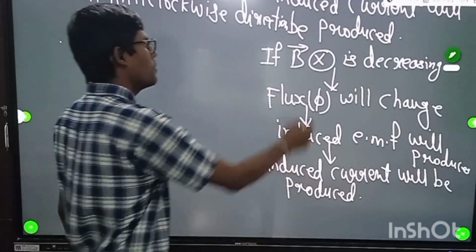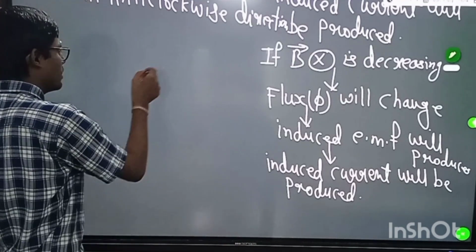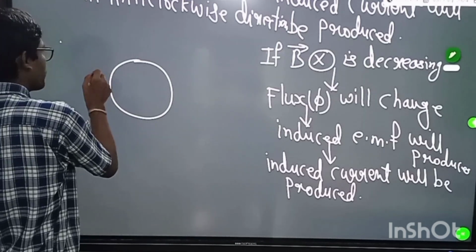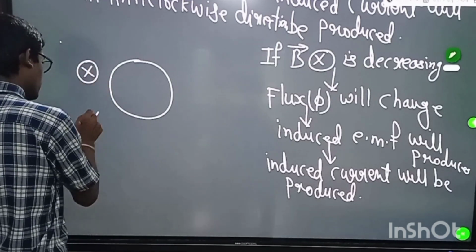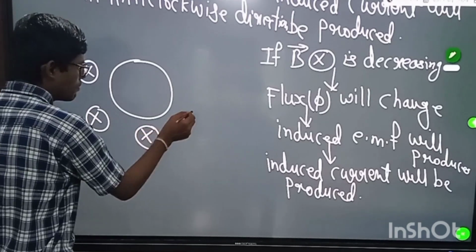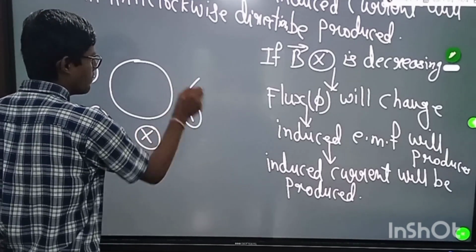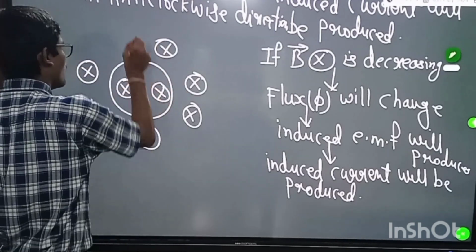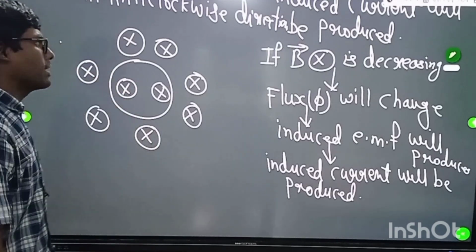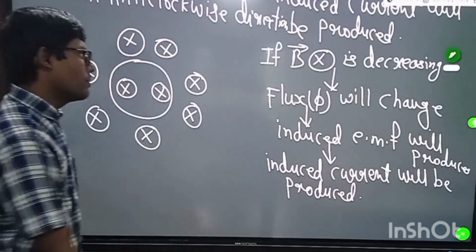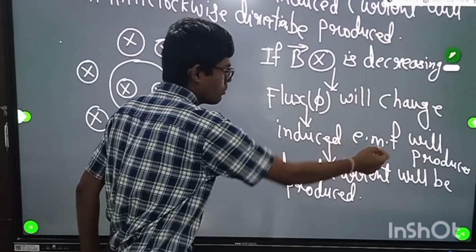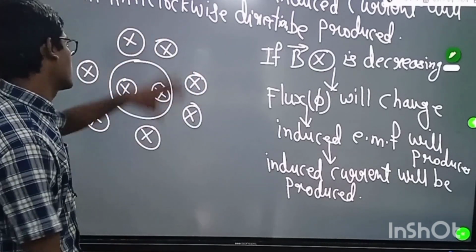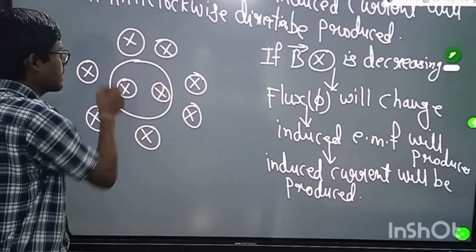So if the magnetic field is decreasing, see through figure C, if this conducting coil is placed in an external magnetic field which is perpendicular to the plane of this board and acting downward, then if the magnetic field is decreasing, flux will change, and due to the change in flux, induced EMF will be produced, and due to induced EMF, induced current will be produced. So current will flow in this conducting coil.